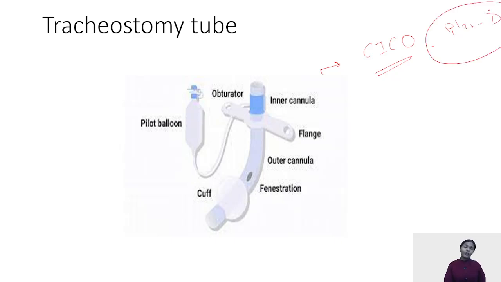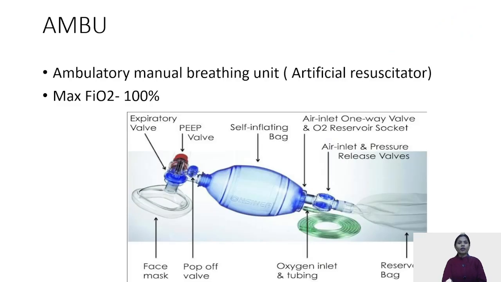Or even elective tracheostomies can be done in cases in ICUs where we know that the patient is going to be on a ventilator for a very long time, or the patient will not be able to maintain the patency of the airway and the patient lies in a vegetative state. So in all these cases, tracheostomy becomes very important. This is the tracheostomy tube. The contraindications to tracheostomy are the same, like coagulopathy or infection in the local area.